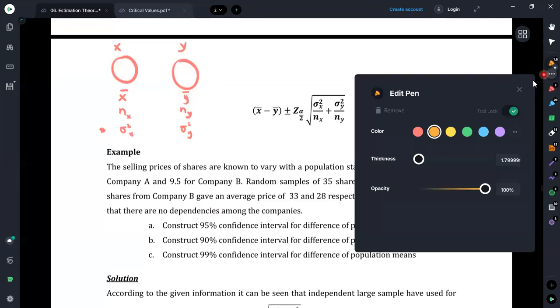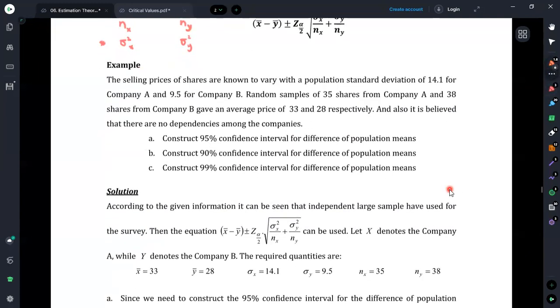If you consider the provided information, there are two companies, and they have known population standard deviations. Then what we know is that sigma squared is known. Since sigma is known, sigma squared is automatically known.